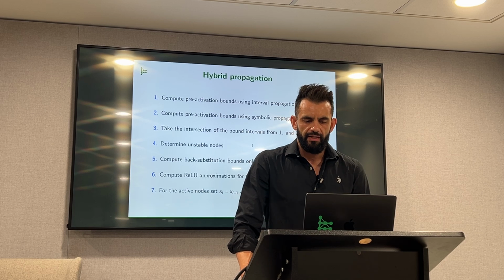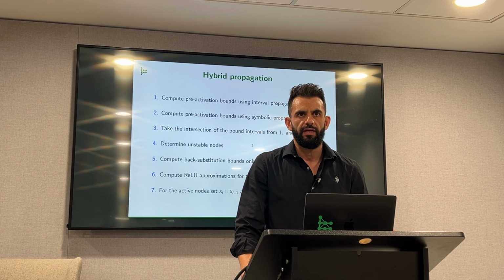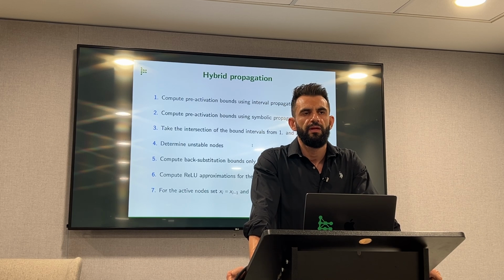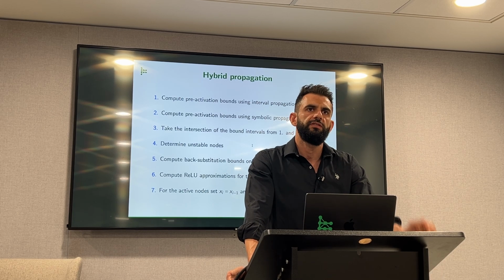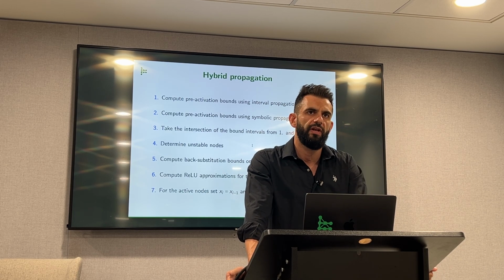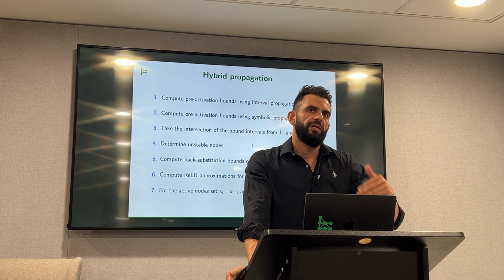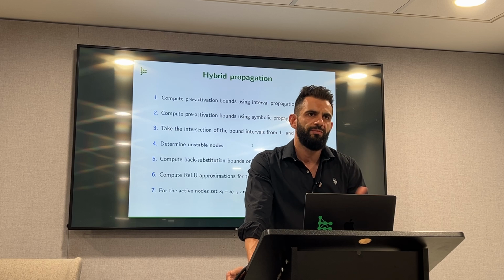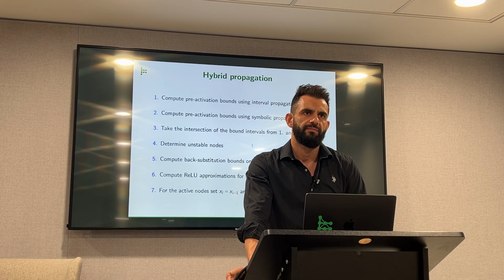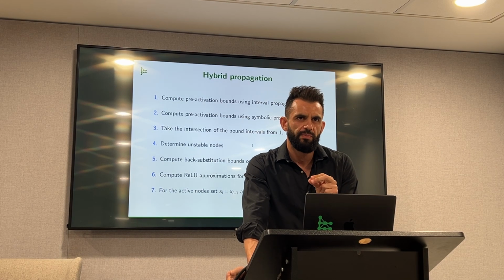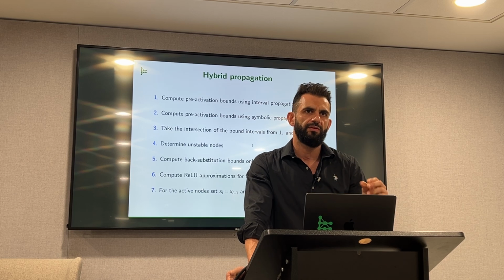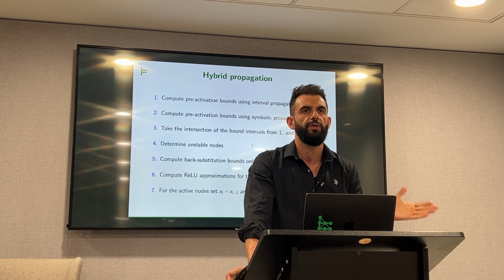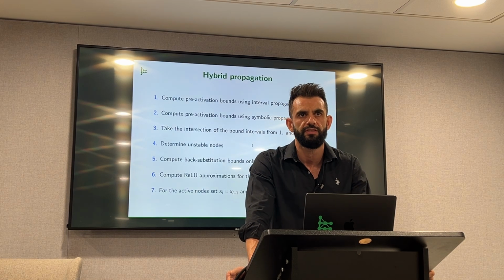What it specifically does is that it uses interval propagation and symbolic interval propagation to derive bounds for the layer. And then it uses these bounds to determine the stability of the ReLU nodes. By determining the stability, back substitution is then run only for the unstable nodes in a layer. We really need precise bounds only for the unstable nodes so that we can derive tight linear approximations for the ReLU functions, which will later be used for computing the bounds in subsequent layers.